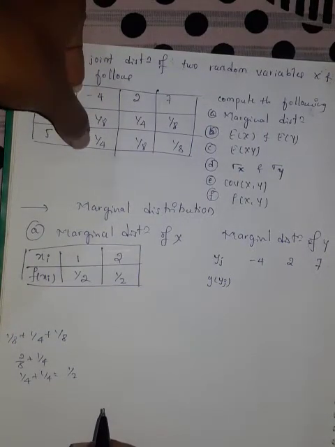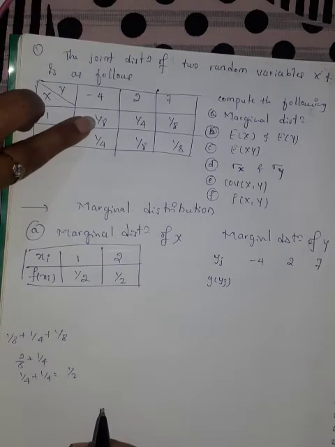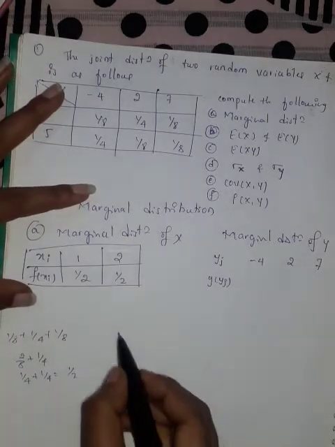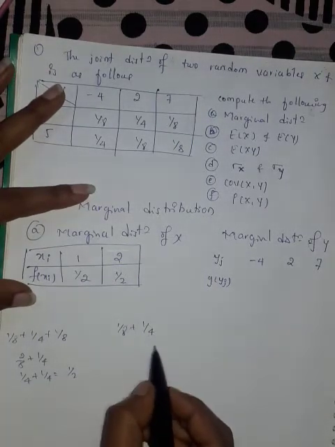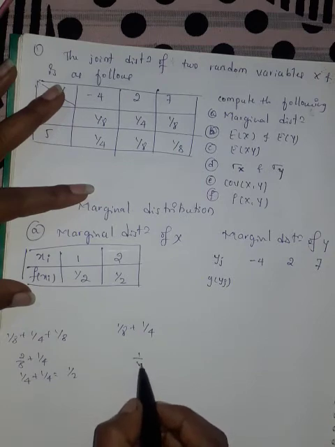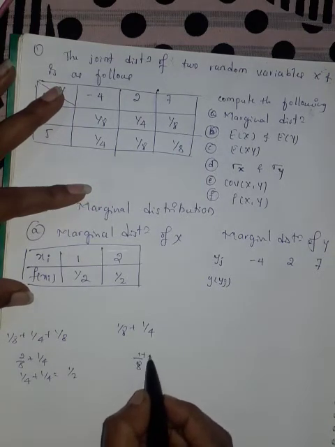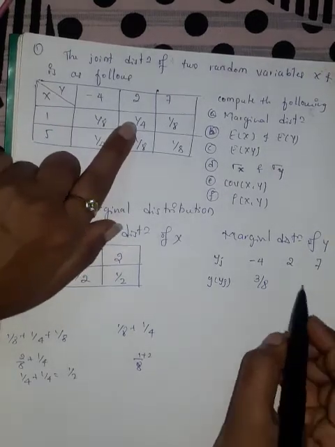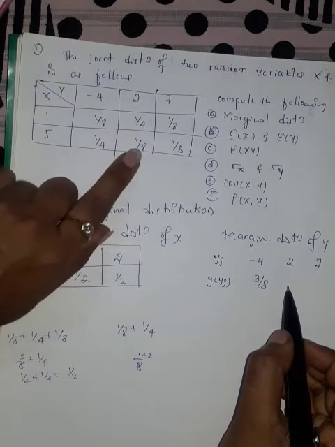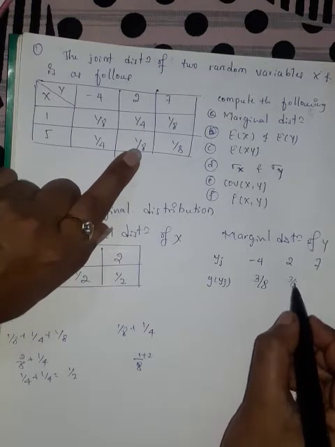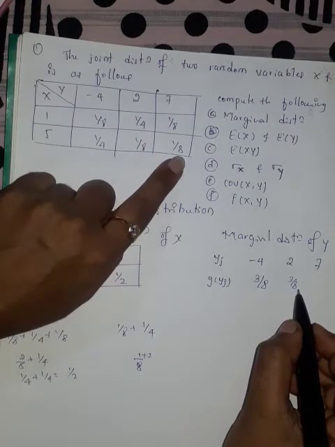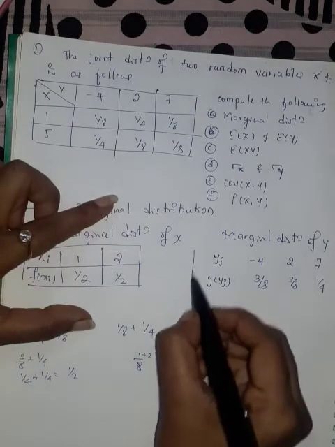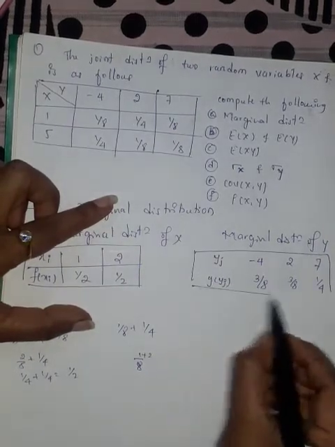Sum of these entries. 1 by 8 plus 1 by 4, taking the LCM of 8, you will get 3 by 8. Next, for y2, 1 by 4 plus 1 by 8 is again 3 by 8. 1 by 8 plus 1 by 8 is 1 by 4. So this is our marginal distribution of y.